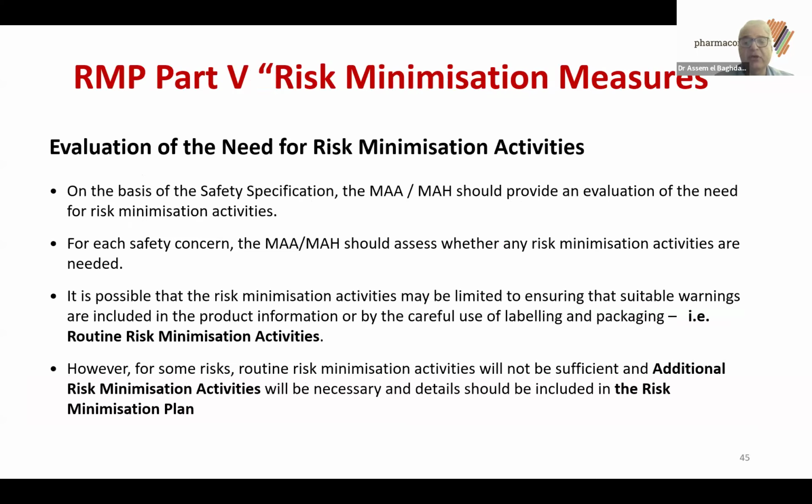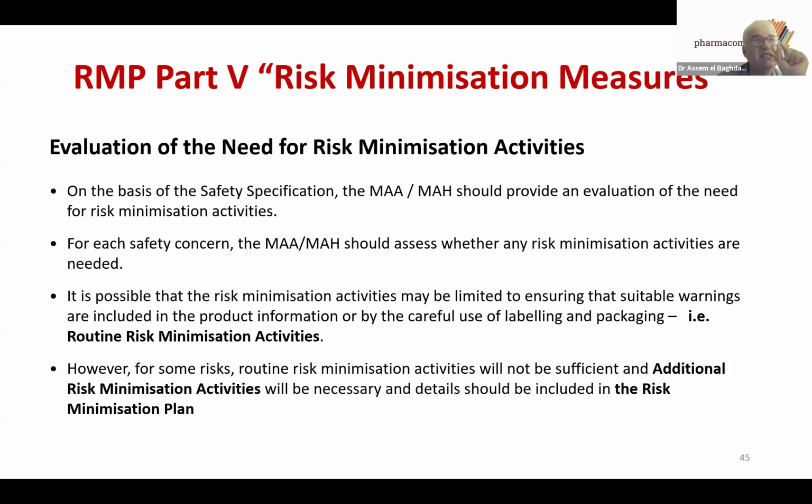We said that you cannot abolish risk, that you need to minimize that risk. On the basis of the safety specs that you identified in the process before, now you need to provide an evaluation of the need for the minimization.